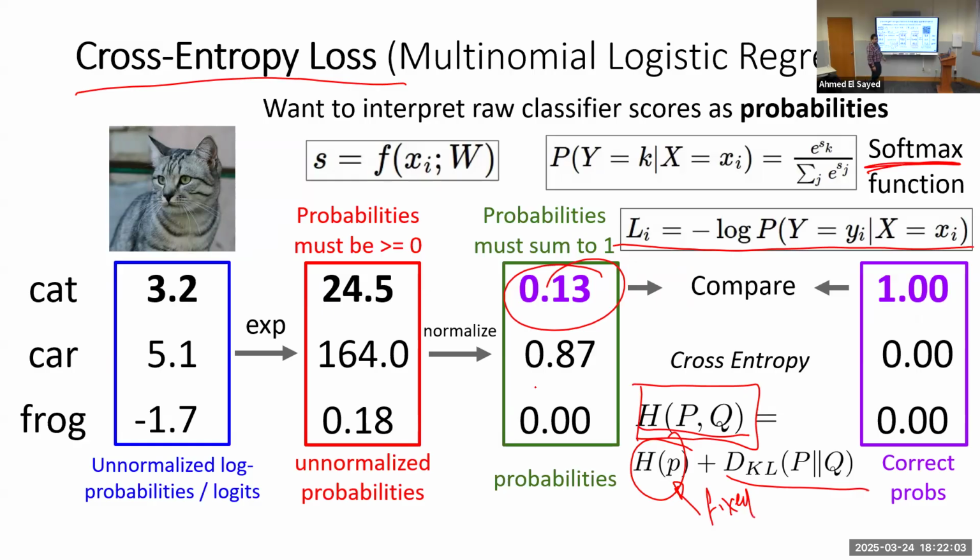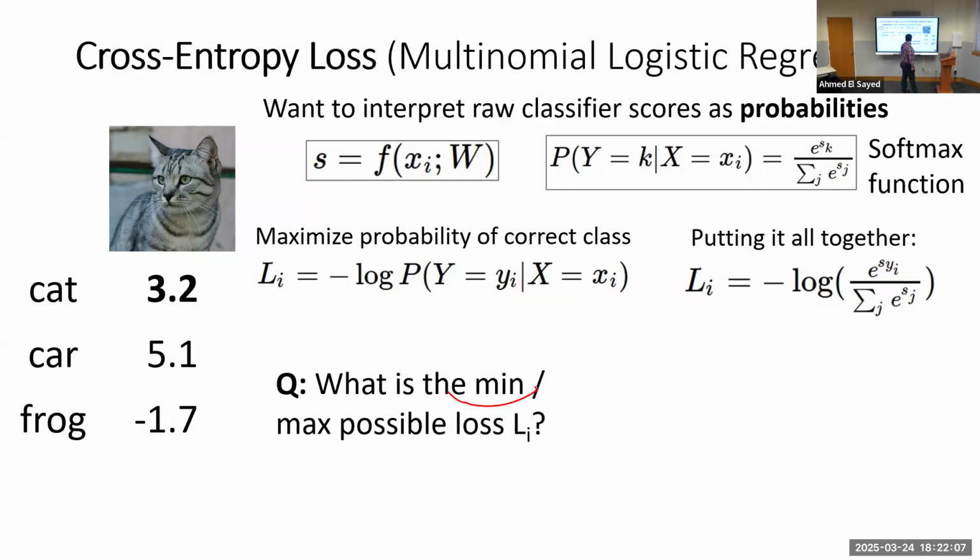Log 1 equal what? 0. So the minimum value for this loss function is 0. So yes, I have 0 value, which can occur only if this probability is what? Yeah, if this probability is 1. If it has any other value other than 1, it will not be 0. So it's unique. What is the maximum value it can have?